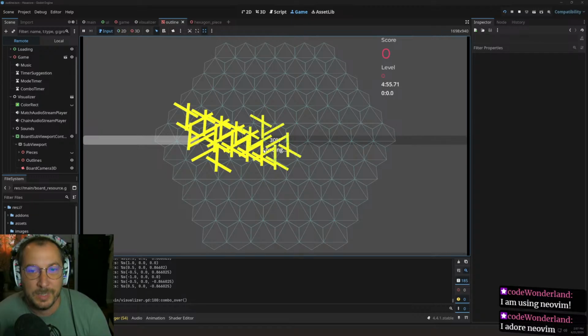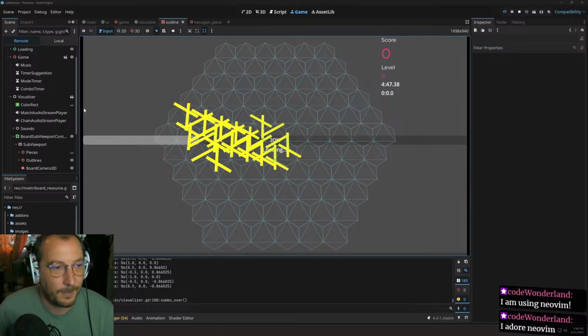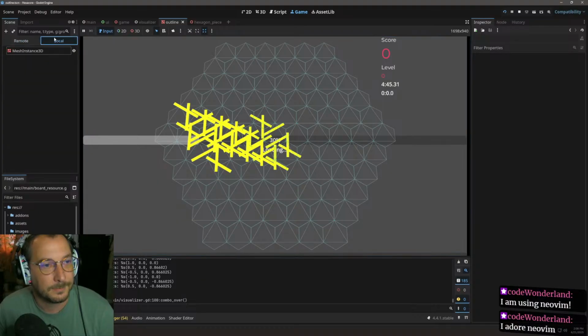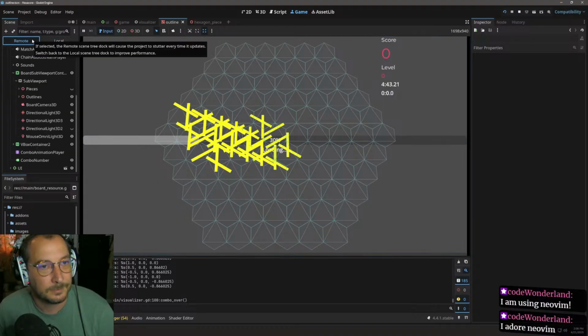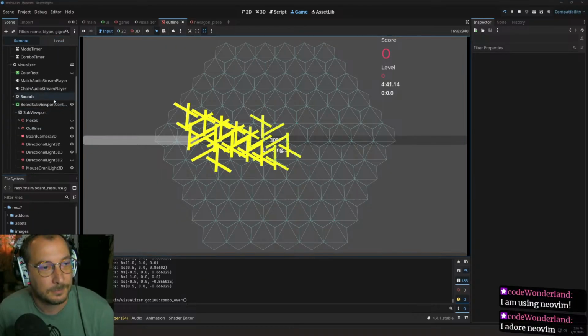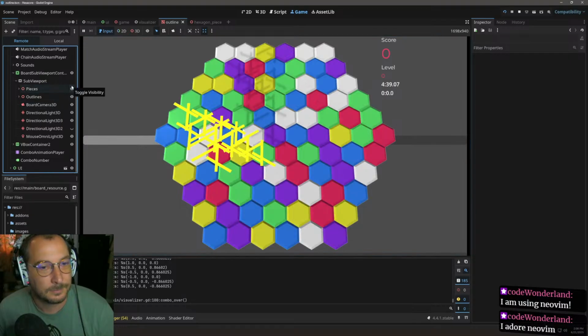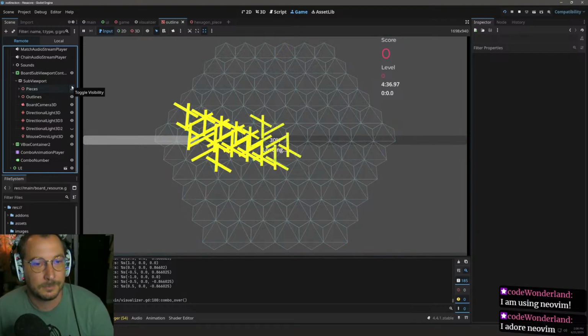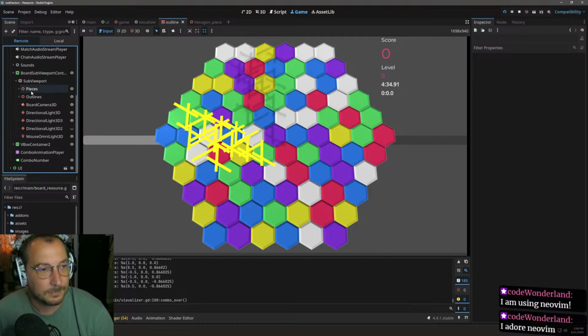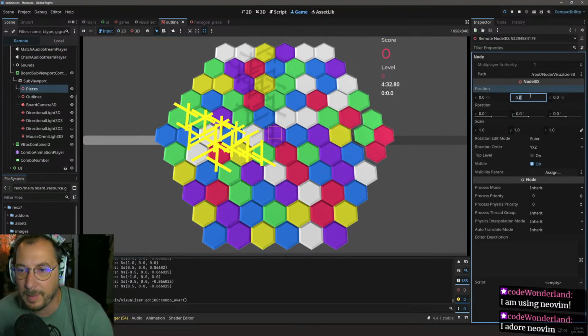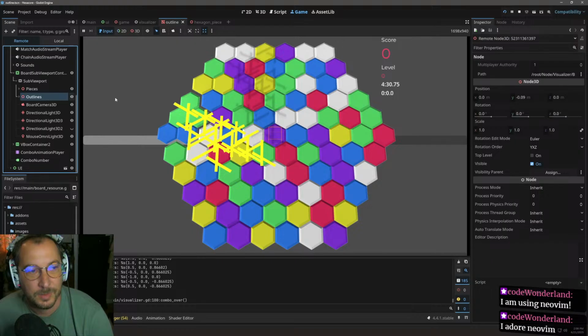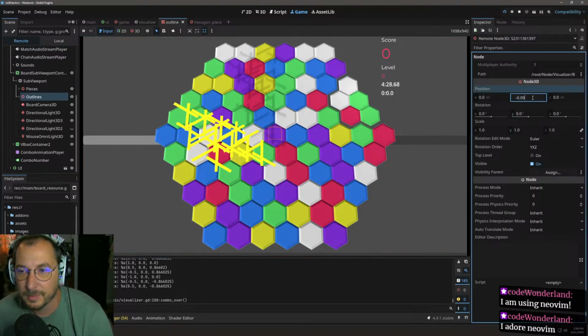Yeah, I want to get back to it. I guess since I'm in GDScript, there's actually no reason not to at this point. We're gonna bump this outline up a little bit more.